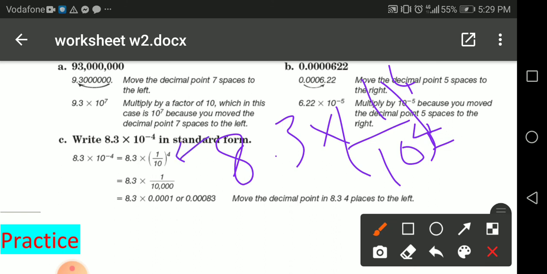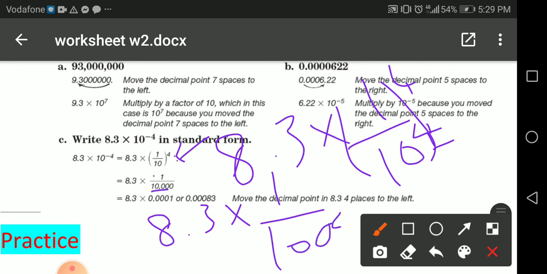Why? Because it would be the same result. 8.3 multiplied by 1 over, 1 to the 4th power, 1 times 1 times 1 times 1. Here I have 10 to the 4th power, so 10 times 10 times 10 times 10. So it would be 1 over 10,000.